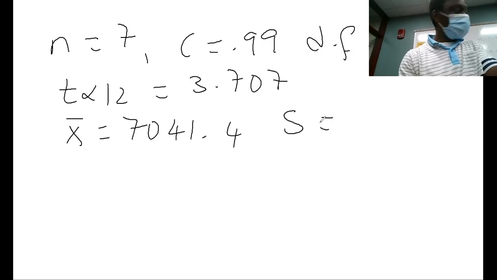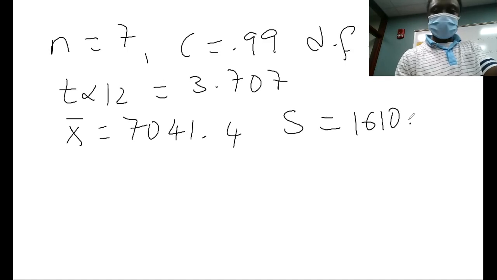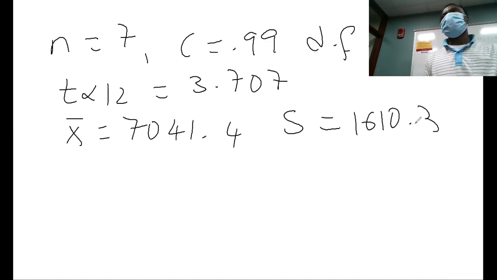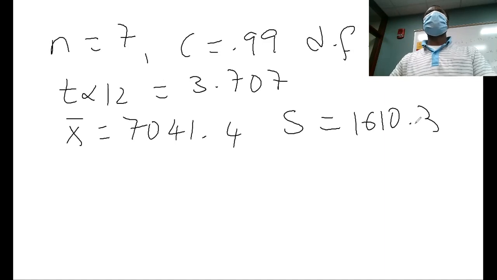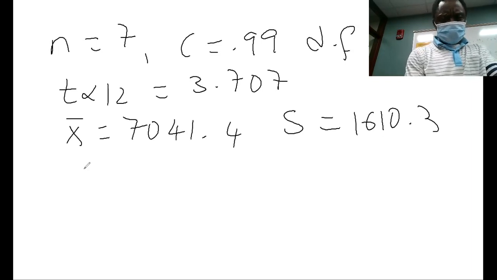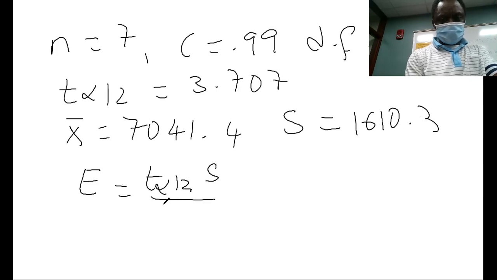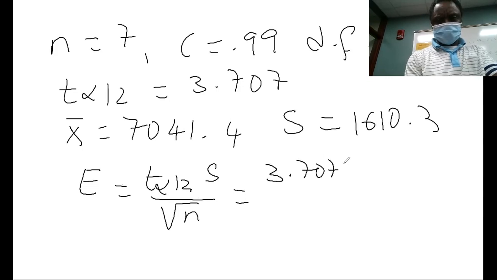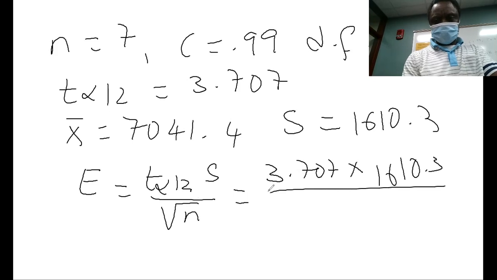Sample standard deviation 1610.3. You get these values by using any method that you used in chapter 3 to find the sample mean and the sample standard deviation. And now E is T alpha over 2 times S over square root of n, which is 3.707 times 1610 divided by square root of 7.